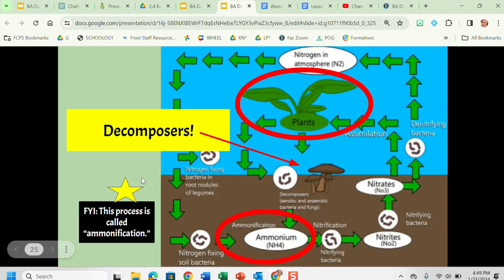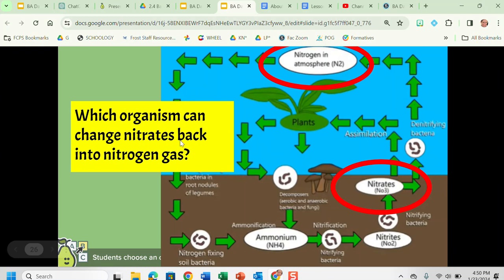Now, when we're breaking the nitrogen compounds that are in the plants or the animals down into ammonium, that process is called ammonification. Turning something into ammonium is ammonification. Turning something over here into nitrite or nitrate is nitrification. Turning something into ammonia or ammonium is ammonification.